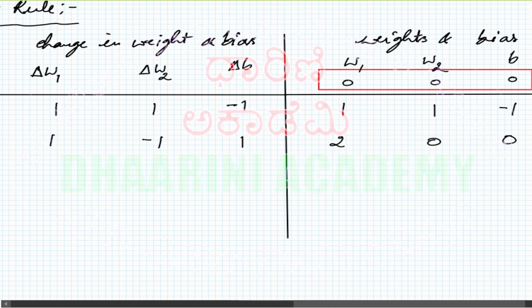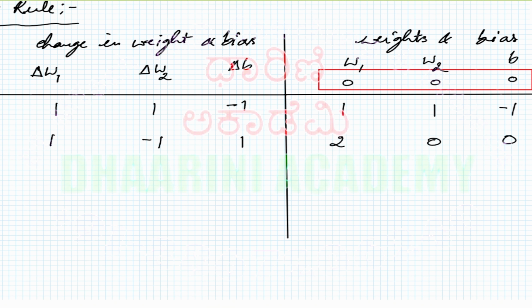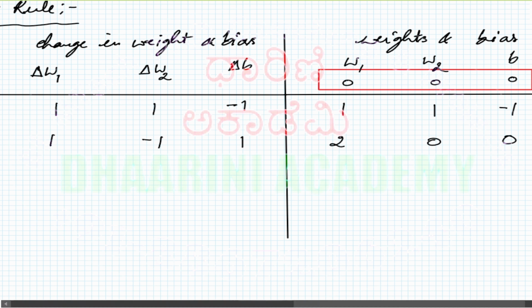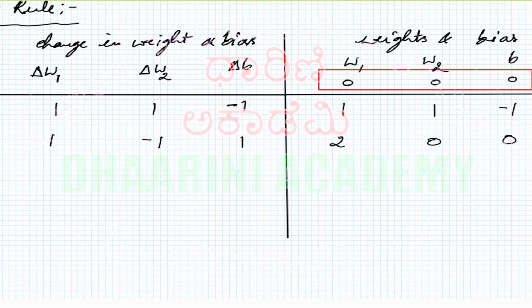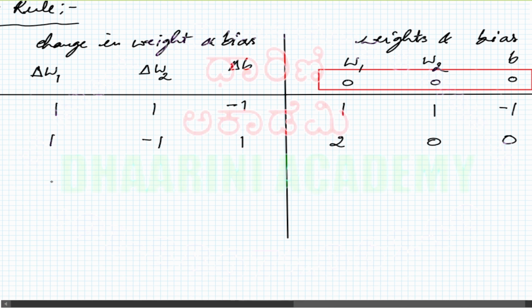Okay, go ahead and calculate the third row values. Okay, minus 1, 1, 1. Okay, 1, 1 and 1. All right. Calculate the fourth row values.